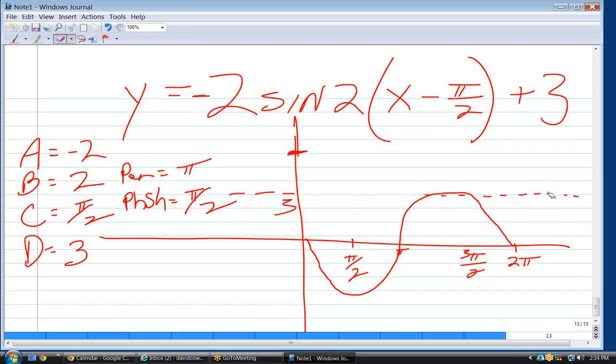In other words, you always do reflections first, not last, and it does make a difference in a lot of cases. Now I can do everything else at the same time. I can start it at pi over 2. I can shift it up 3 units. So it now gets shifted to 3.